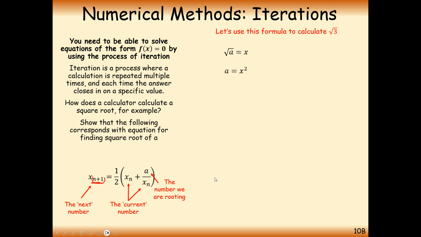You're not required to memorize the details that are coming up on the page, but the square root of a can be rearranged like so. We could write x squared as 2x minus x squared, and we could divide by x, and we could add x to both sides.